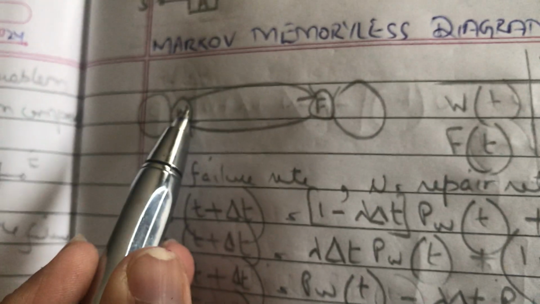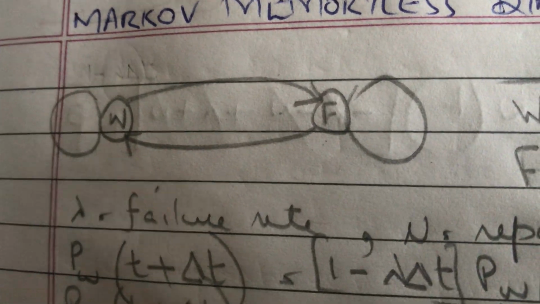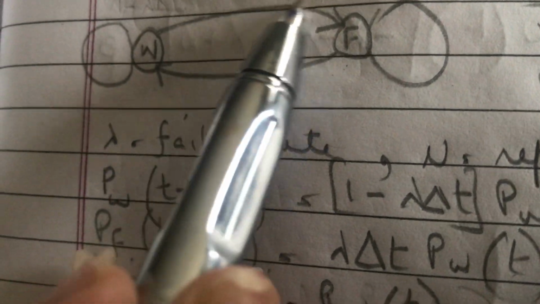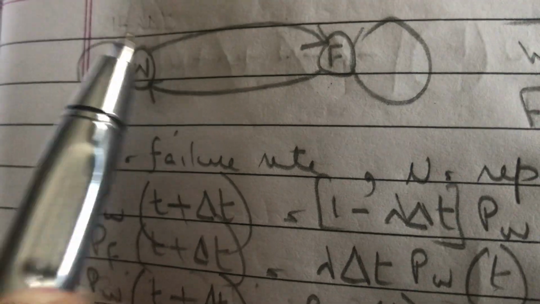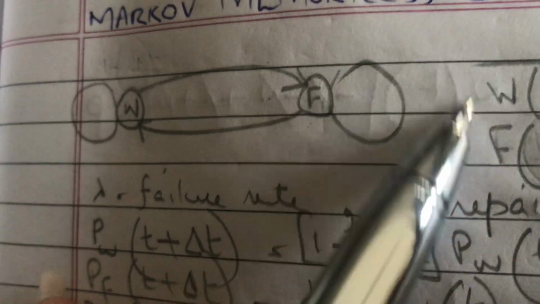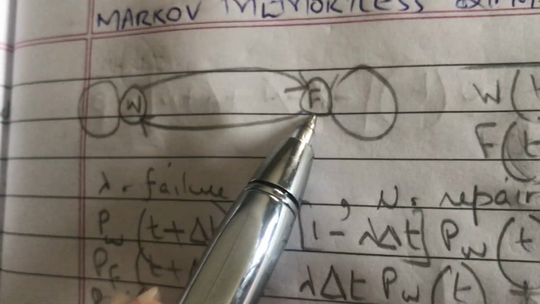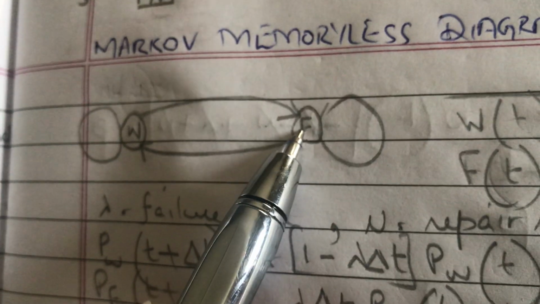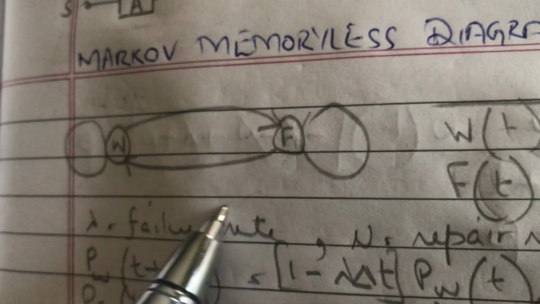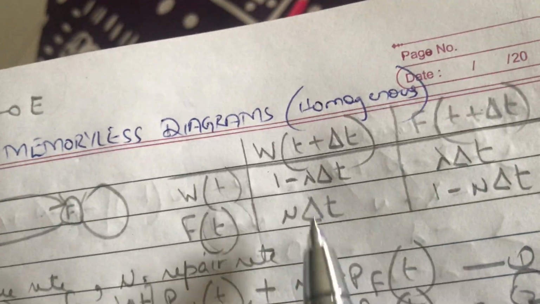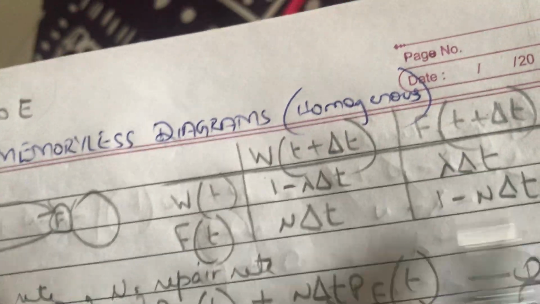I hope you can see it clearly: we have given this arrow showing W going from the working condition to the failed condition, and because we are dealing with availability, when we repair the item it goes from the failed condition to the working condition. Okay, and how do we put in these four terms?